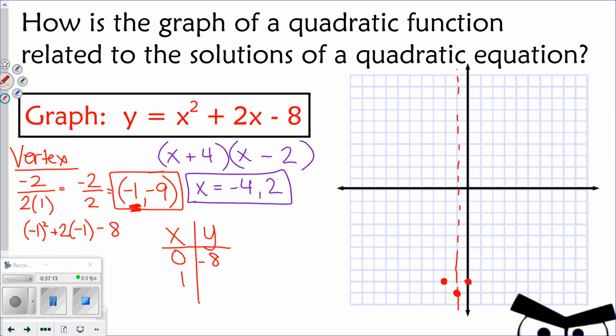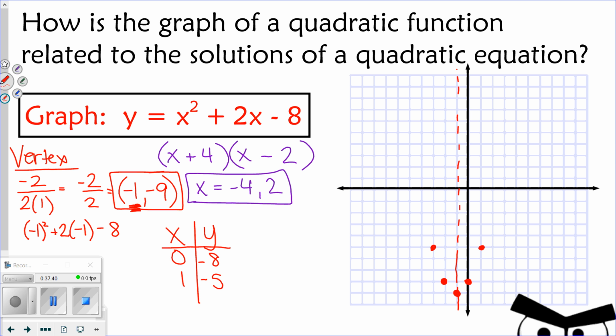And reflect it. If I plug in a 1, what do you get when you plug in a 1? -5? Yes? I heard a -6 back there. Okay, so I'll plot that and reflect it.